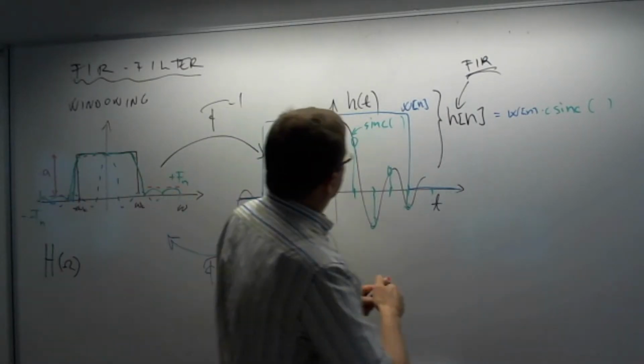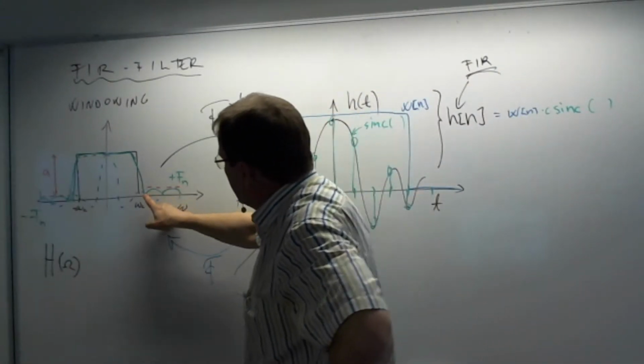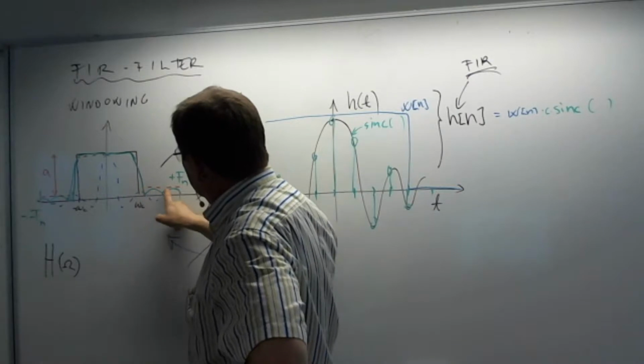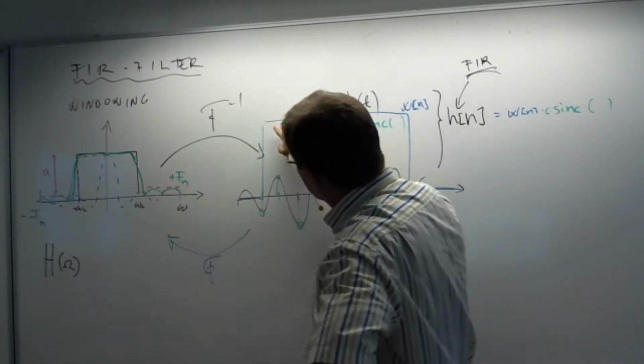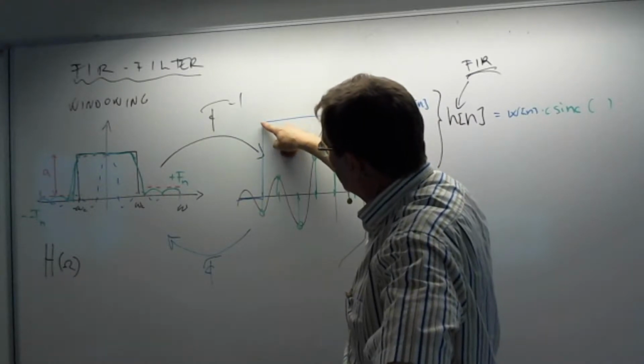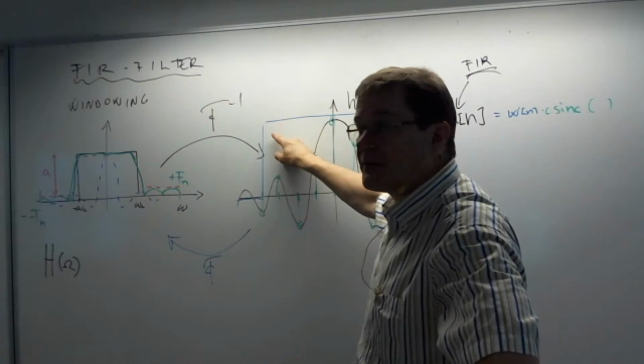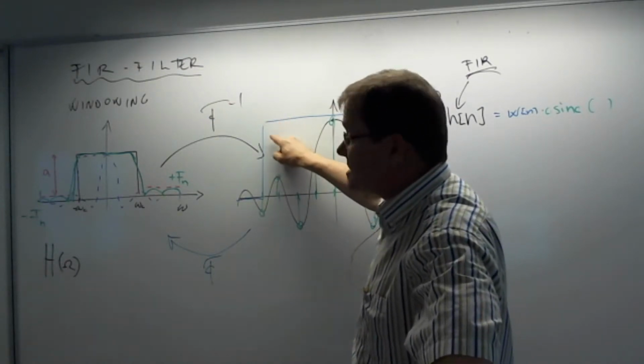And then, if you want to have a better stop band attenuation, you need to reduce the amount of high spectral components on the box, meaning you need to get rid of this sharp transition.